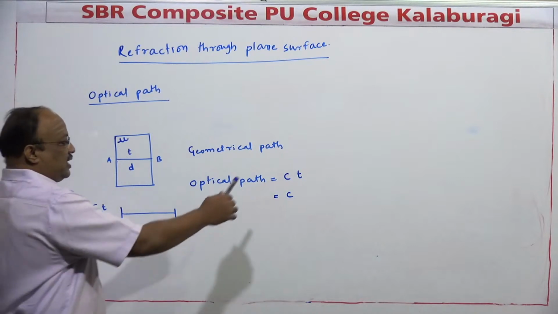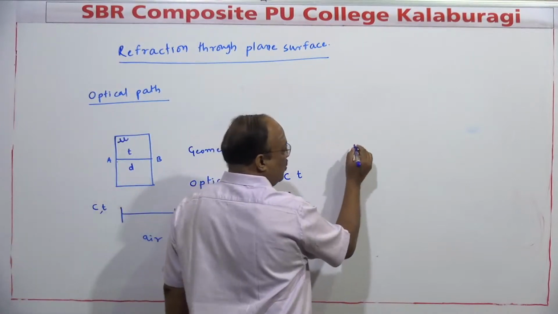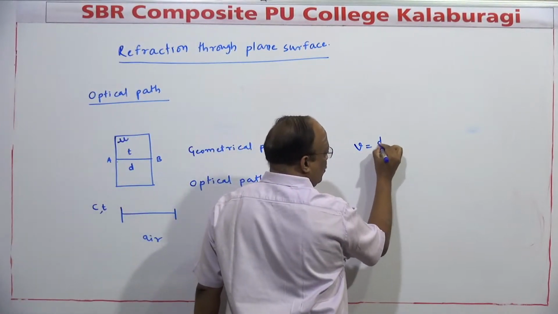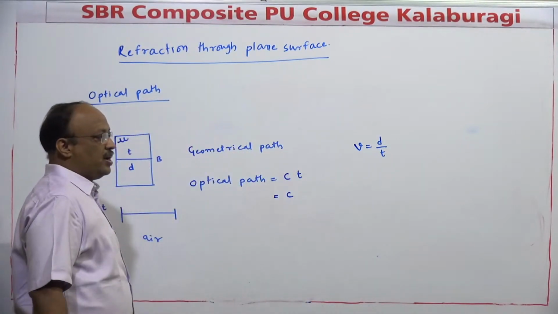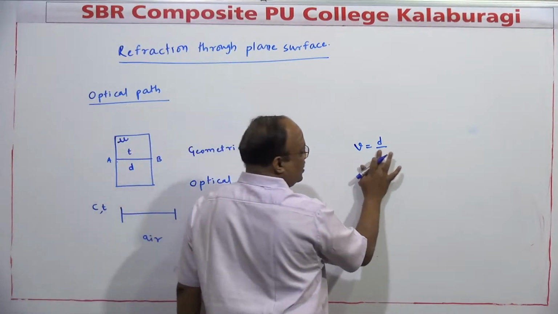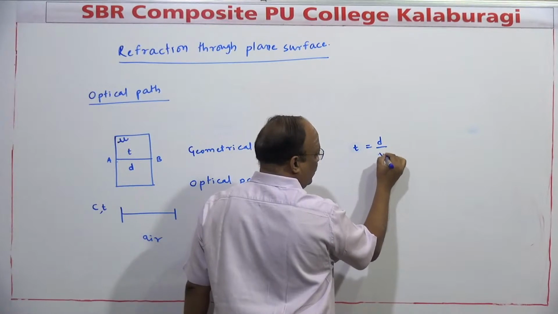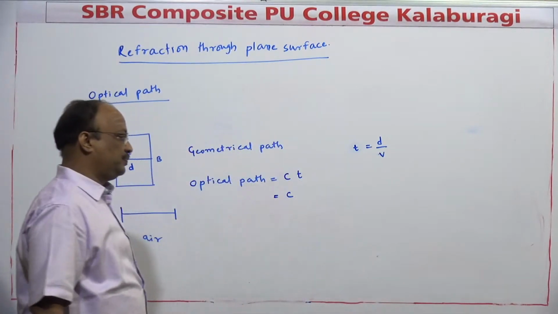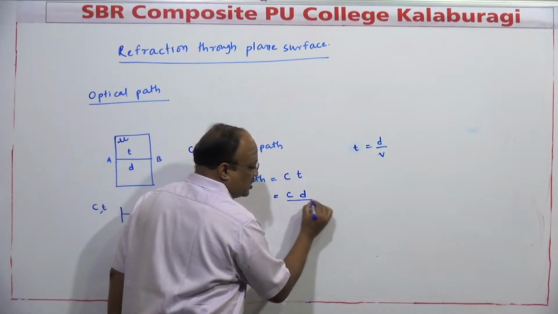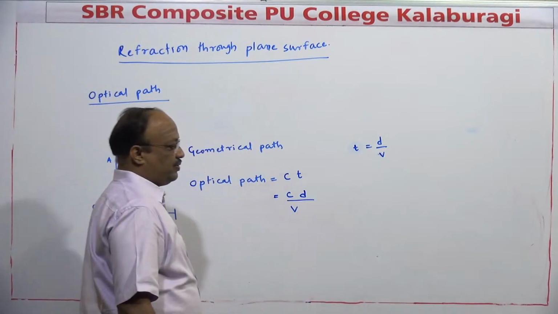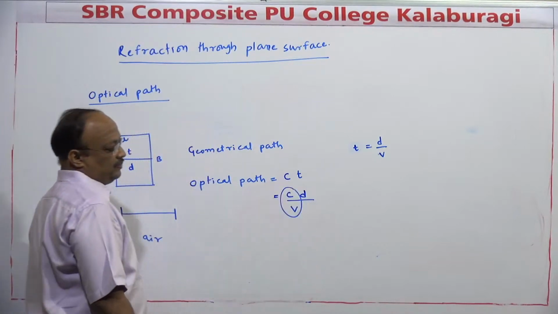Okay. So this t, how can I write? Velocity is equal to distance by time, or time is equal to distance by velocity. So this is distance by velocity, so this is c by v.